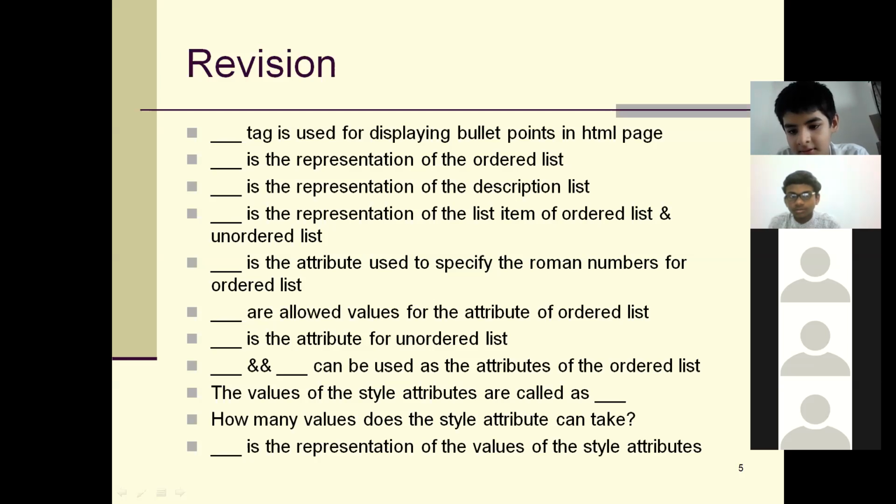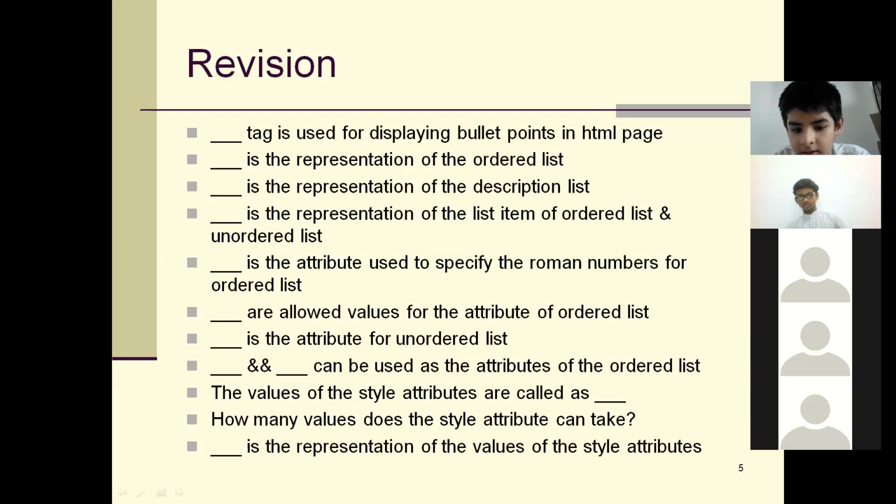So I'll ask Advai to answer the last one. Dash is the representation of the values of the style attributes. So how do you represent the style? By colons. Okay, can you name it? You take the left part as name and the right part as value.